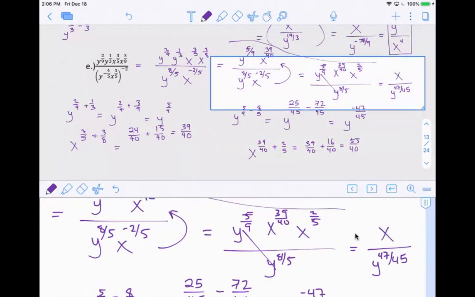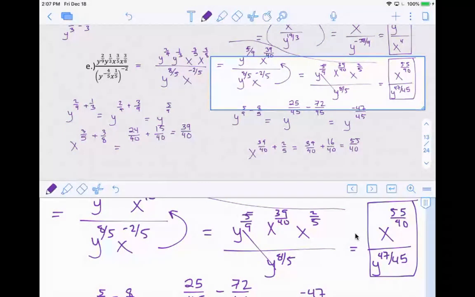And so on the top, we have x to the 55 over 40 as our final answer. Once again, it doesn't look very pretty. There's a lot of half pieces going on here. We have so many radicals within radicals within radicals hidden in this problem that it's not going to ever end up looking beautiful. But it's got one of each base, it's got no negative exponents, and it has no parentheses.